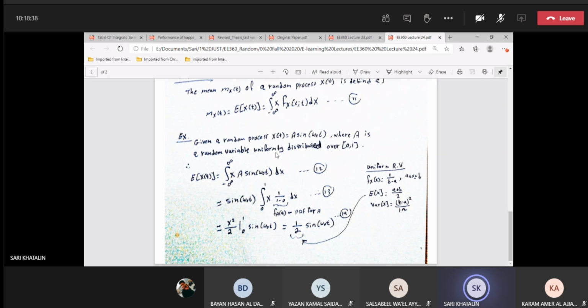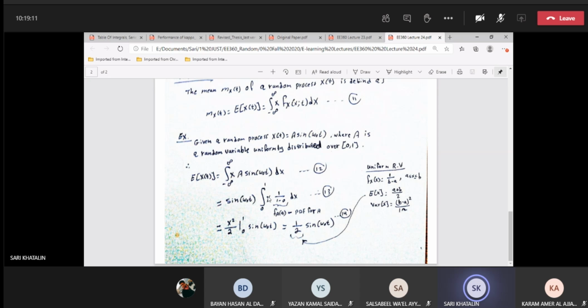If you go back to chapter 2 or chapter 3, when we talked about the uniform random variable, just to refresh your memory, the PDF for a in this case is 1 over b minus a, where in this case b is 1 and a is 0. So the PDF of a is going to be 1 right here. Now we just do the integration from 0 to 1.